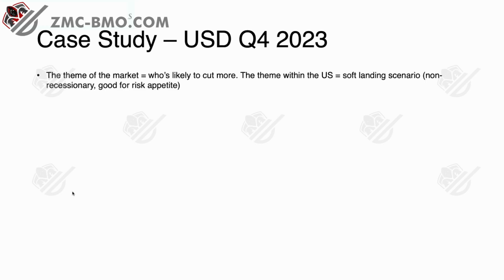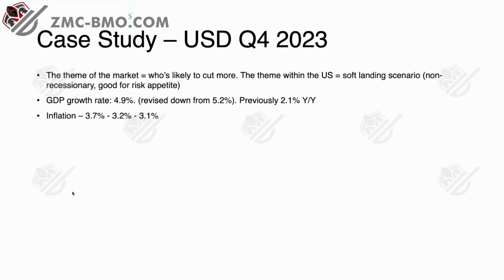That is it. So just looking at some of the data: GDP growth 4.9%, the last figure I've taken from late December 2023, revised down from 5.2%, previously 2.1% on a year-over-year basis. Inflation moved down from 3.7 to 3.2 to 3.1%. Interest rate expectations: markets are bringing forward their views for cuts to March 2024.